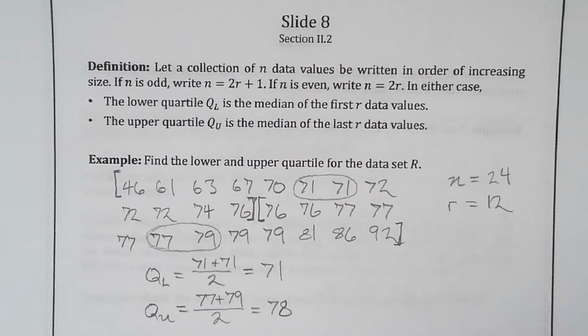So the lower quartile is 71, the upper quartile is 78. So basically, if you think about the median as being halfway through the data set, the lower quartile is a quarter of the way through the data set, and the upper quartile is 3/4 of the way through the data set.